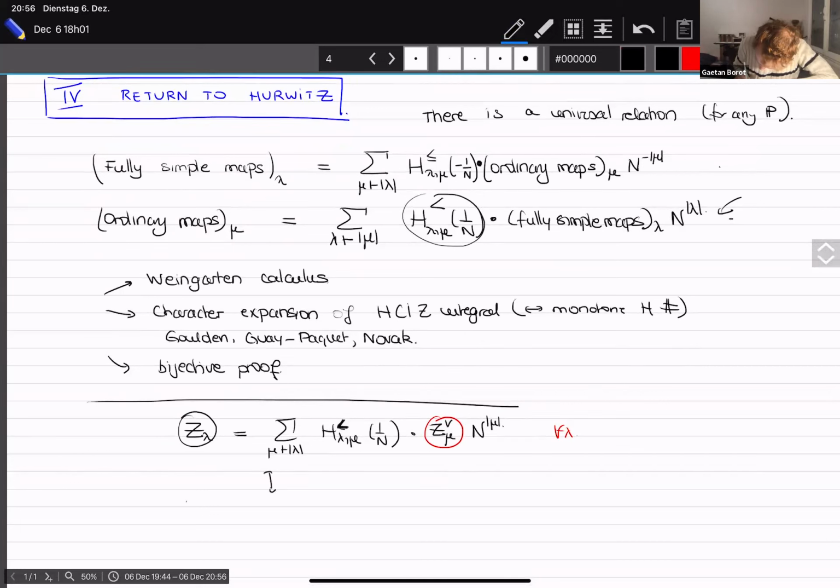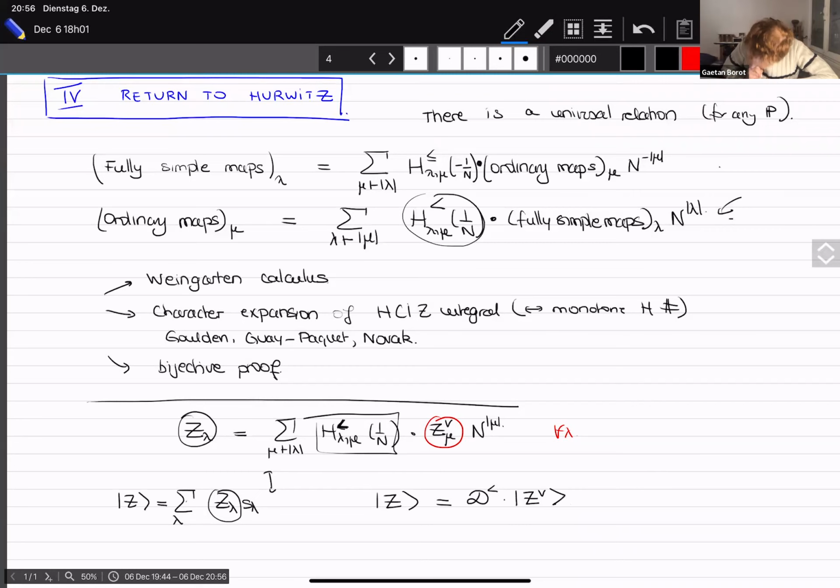So you can actually encode, you can define a vector in the Fock space by, these are the coefficients in terms of Schur functions. And then the corresponding vector of the check is going to be a certain operator on the Fock space, which is exactly the one generating those weakly or strictly monotone Hurwitz numbers. So in the way I wrote it, Z is obtained by the certain operator generating the strictly monotone applied to the Z check.